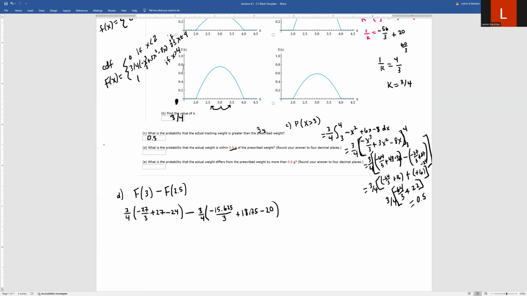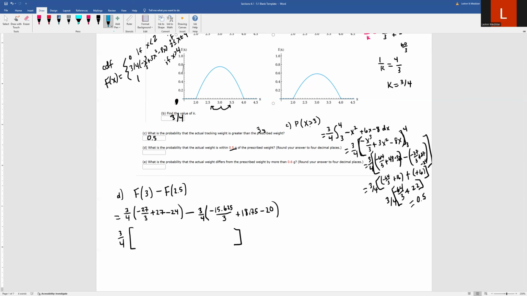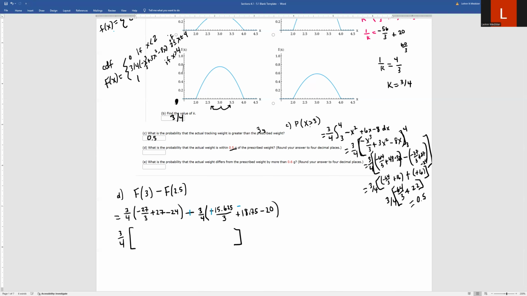Okay. Now you could pull the 3/4 out to the front if you want to, because I'm just evaluating this part yet. I'm not doing the doubling yet to take care of the whole area. But if you do that, then you can combine some like terms. I would go ahead and distribute your negative in that second parentheses as well. So this is going to distribute and change all of our signs throughout here. So negative 27 over 3 is just negative 9.